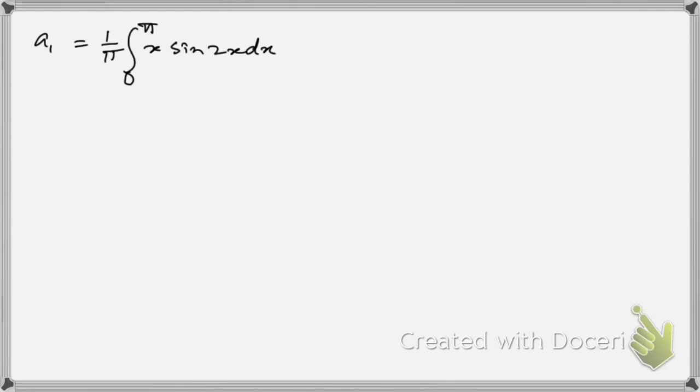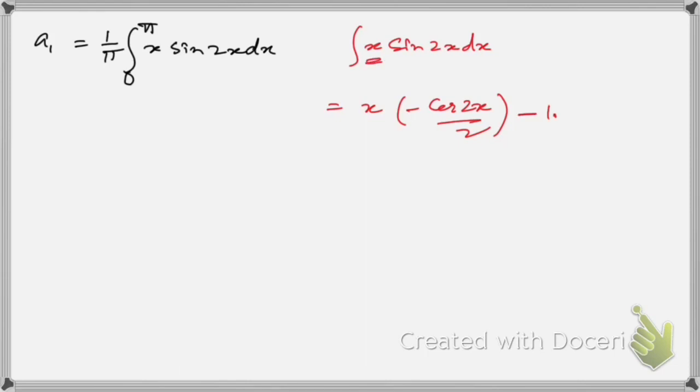So now integration of x and sin twice x dx, right? That's going to be again x, integration of this is going to be minus cos twice x by 2, right? Then minus derivative of x, which is nothing but 1, then integration of v1.